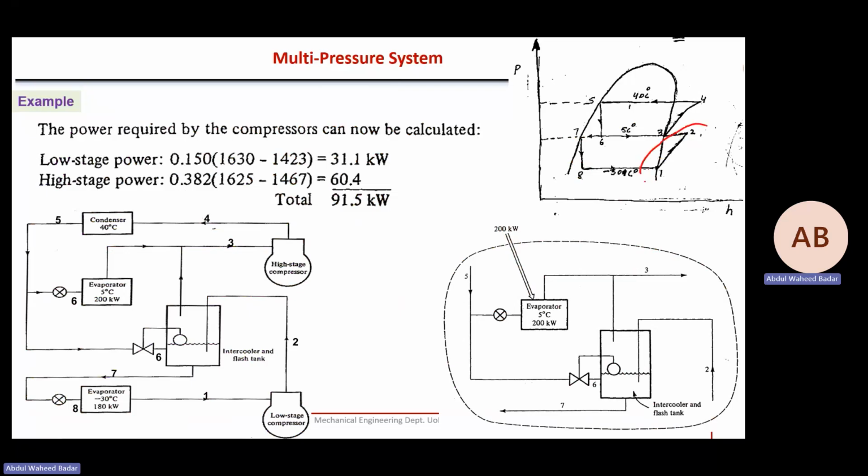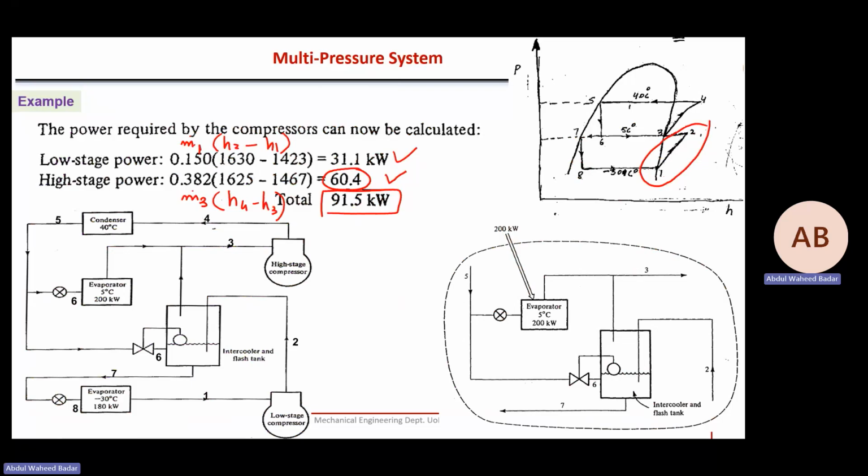For low stage, m dot 1 into H2 minus H1. And m dot 3 into H4 minus H3, high stage. And you can see here high stage compressor work is high because m dot is high. So that is the total work input required for that system.